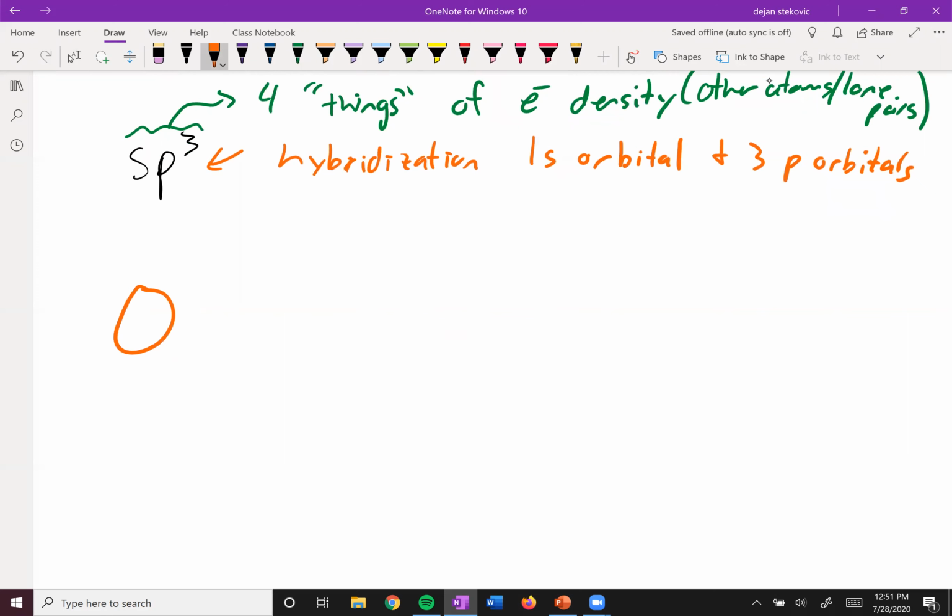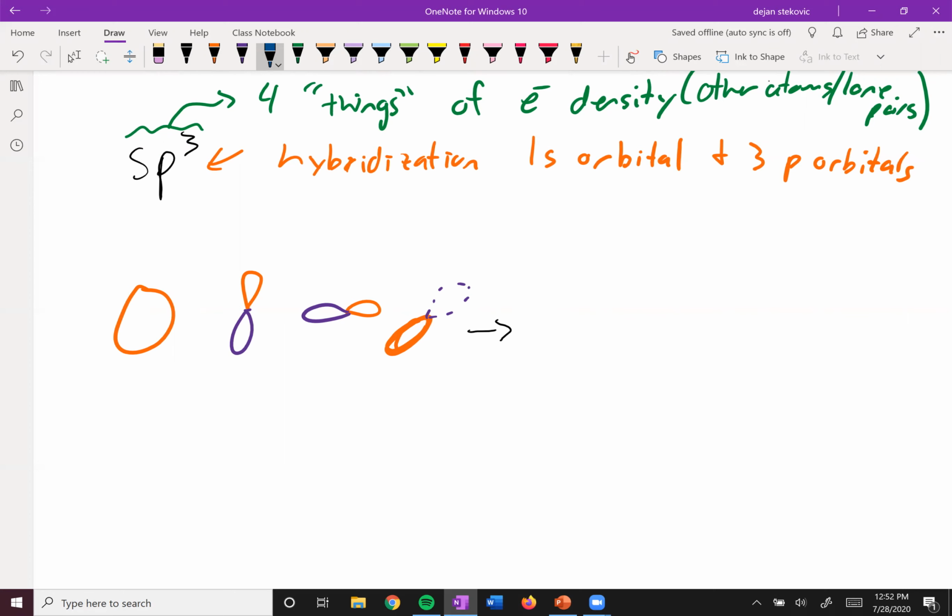For example, our s orbital looks like a sphere, and then we have our three p orbitals that look like dumbbells. They all mix together to form four sp3 orbitals.